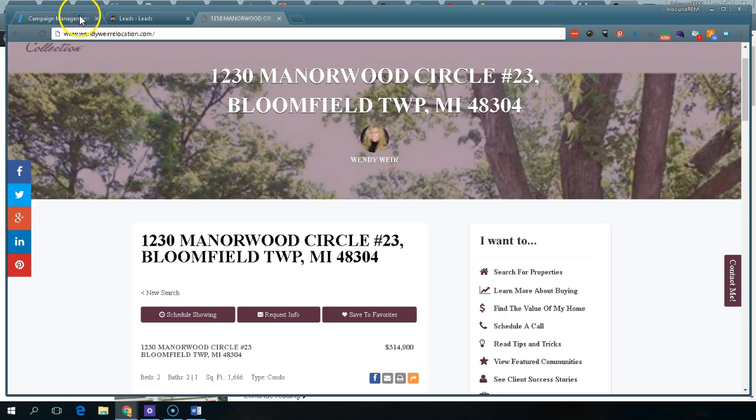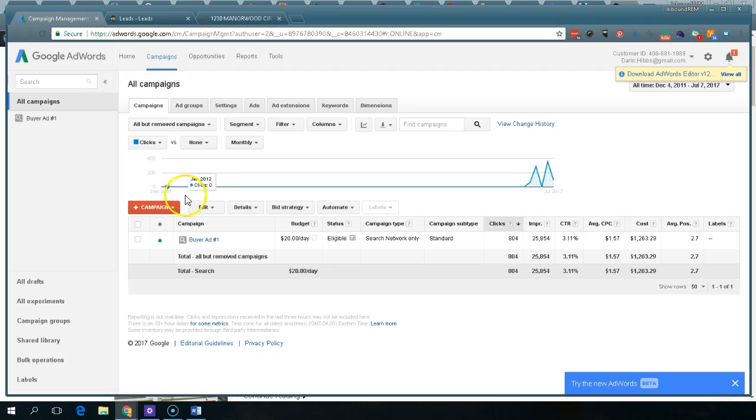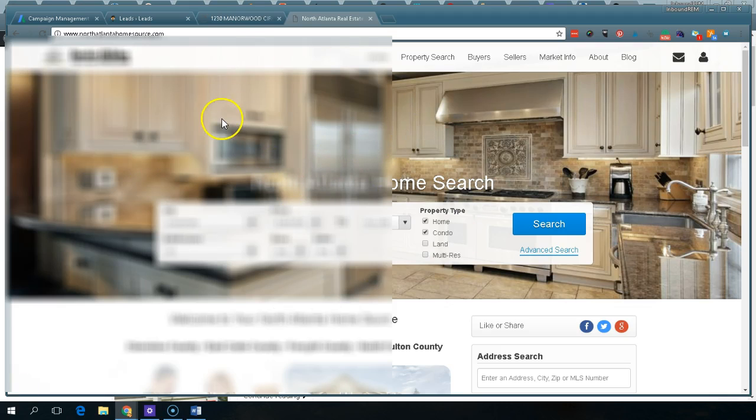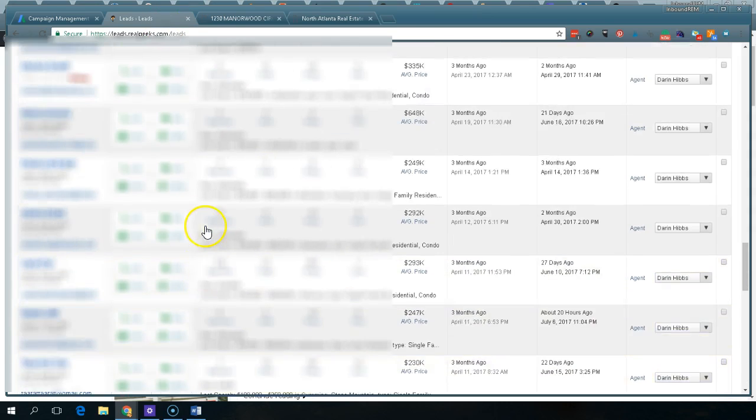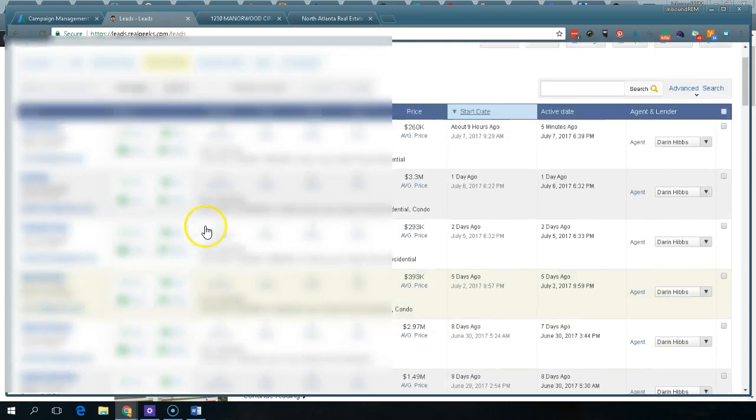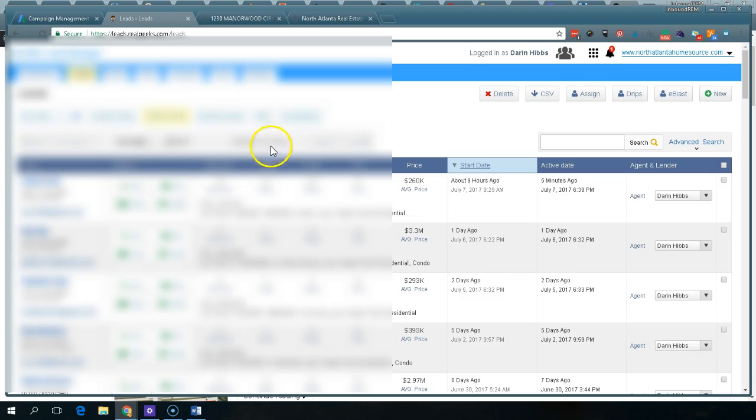This particular campaign has been running since March, and we have driven 804 clicks to the client's site, the same one that I've been using the entire review, the one that is on your screen right now. All right, so 804 clicks, in this March timeframe, has generated 46 leads.